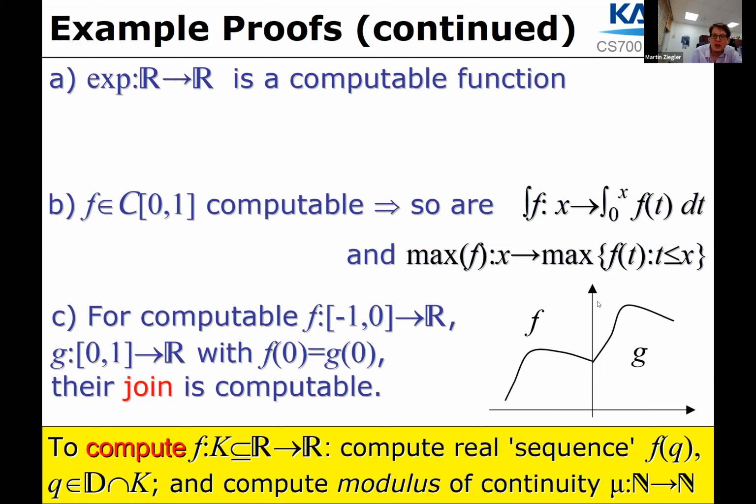And applying the second part of this definition about the modulus of continuity. If we have a modulus of continuity mu of f and another modulus of continuity, let's call it nu, of g, then the pointwise maximum of mu and nu is easily verified to be a modulus of continuity of the join of the two functions, and thus also we get that the join operator maps computable functions to computable functions, by conveniently using the third definition here.